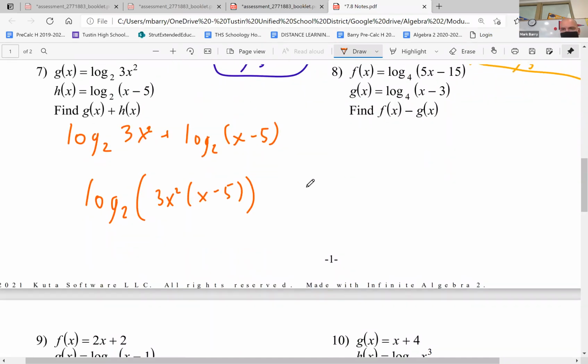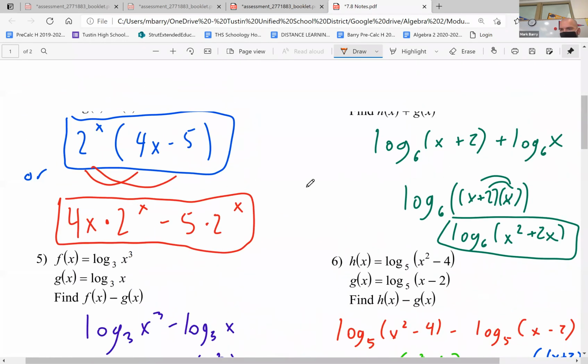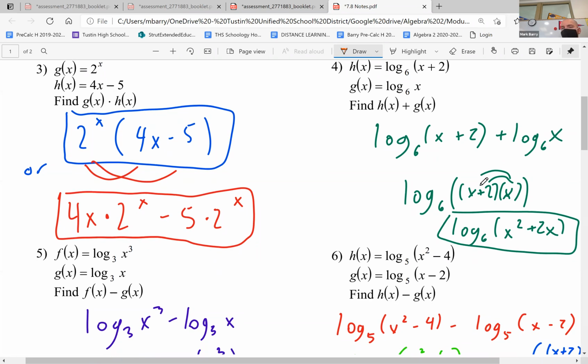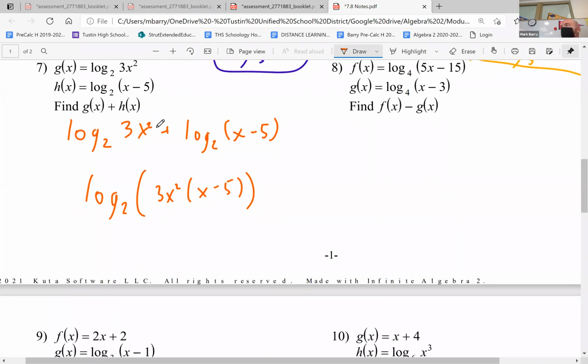We saw this on which one? Number 4, I think, right? Yeah, remember number 4, it was adding. So we multiplied the insides of the logs, okay? So same idea here. Two separate logs adding means we multiply inside of the log of those two different things.